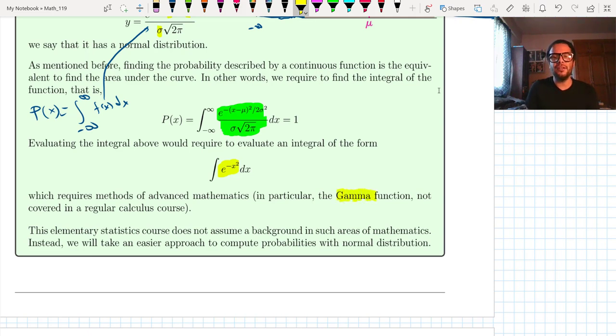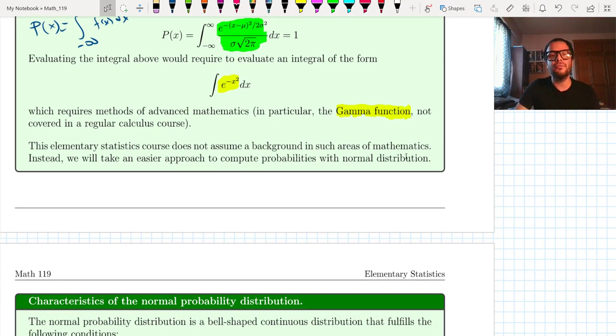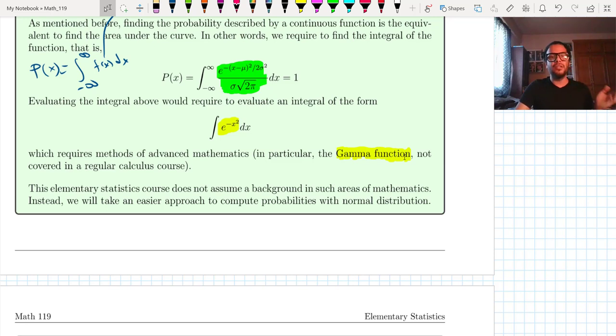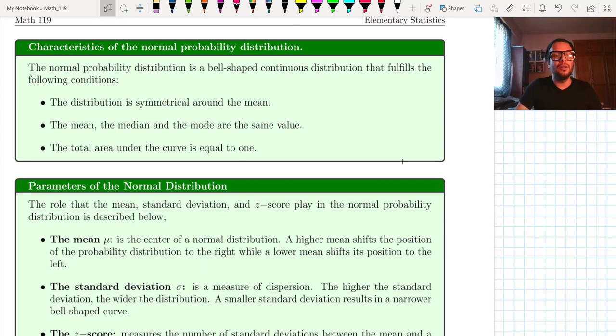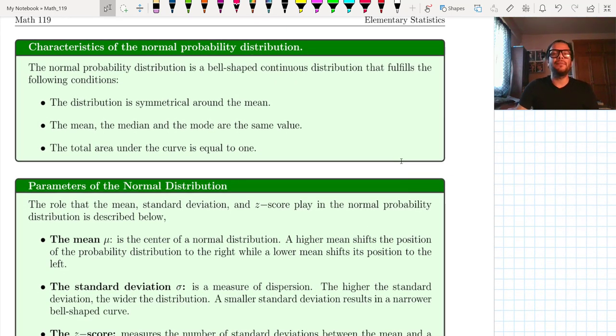But the gamma function is introduced in a higher level of math, in engineering and science math, which is not part of our course. So in this case, we're going to find the probability using a way easier method. If we were in the classroom, I would be showing you how to use table A2 to calculate those probabilities. However, I'm just going to limit myself to showing you how to do it on the graphing calculator.